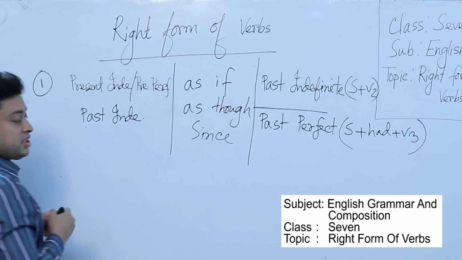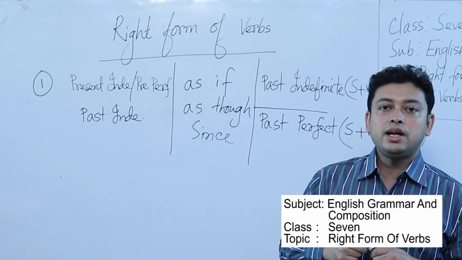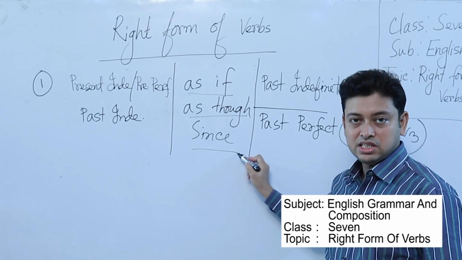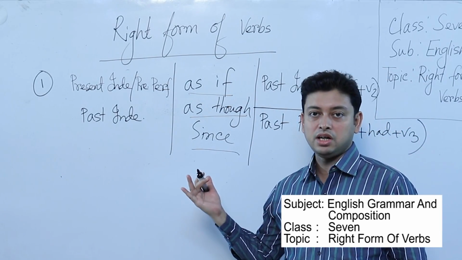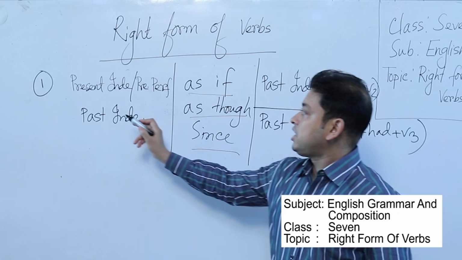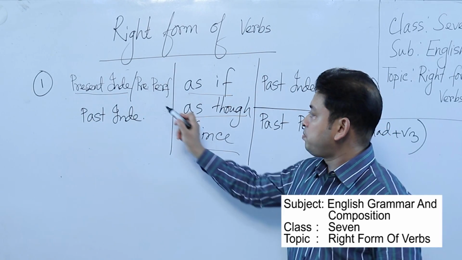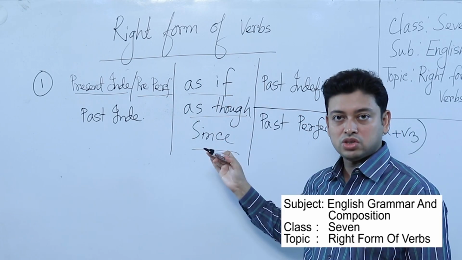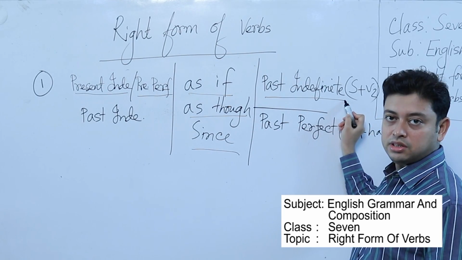So there are two clauses, as we discussed about clause. If there are two clauses and if there is as if or as though or since in the middle, what kind of grammatical changes would happen here? We will see from here. If there is present indefinite tense in the first clause or present perfect tense in the first clause, and if there is as if or as though or since, the tense of the other clause will be past indefinite.